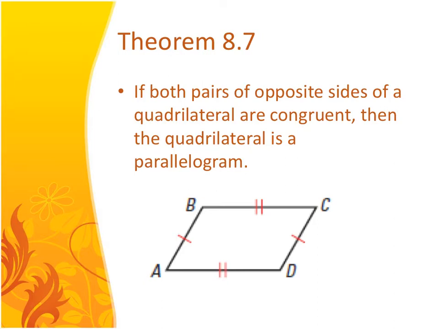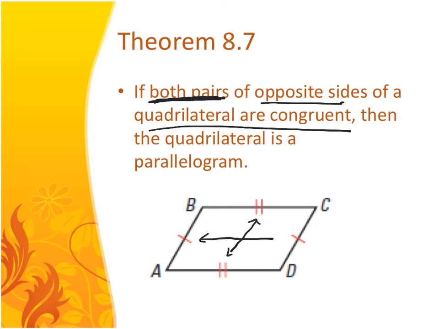The second way is right here. If both pairs of opposite sides of a quadrilateral are congruent. Just like we already knew, if it's a parallelogram, then both pairs of opposite sides will be congruent. If you notice that this is a quadrilateral and both pairs of opposite sides are congruent, then this will be a parallelogram.